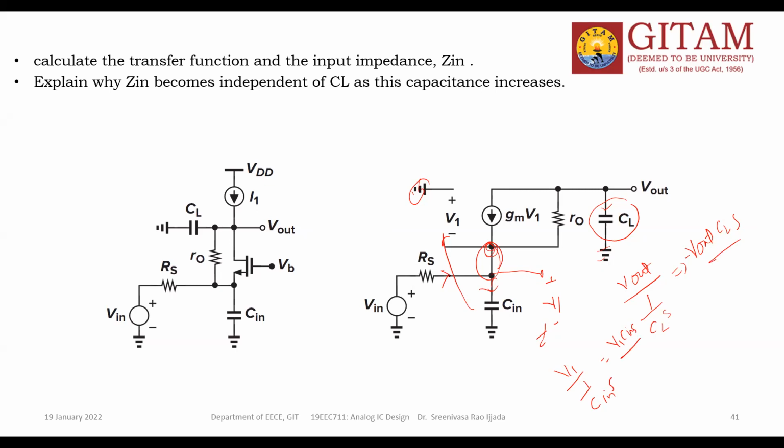So the current going through RS is IRS equal to minus Vout into CL S plus V1 into Cin S. This is the current through RS. Do you understand this one? Yes. Hello? Ramakrishna? Yes, sir. Okay.